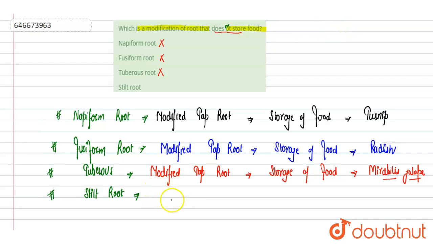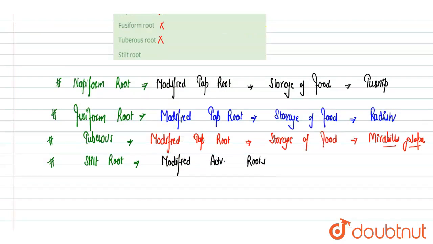It is a modified adventitious root, which develops from the basal nodes of the stems.